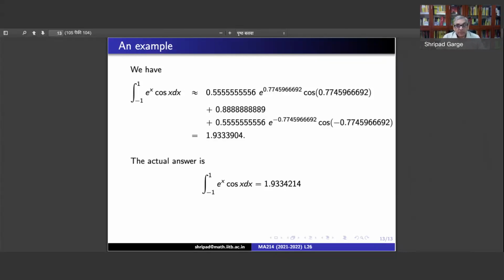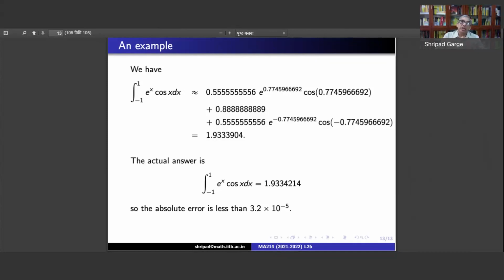So the absolute error is less than 3.2 into 10 power minus 5, which is quite good, right? So this is how the Gaussian quadrature method helps us in computing approximate answers to definite integrations.